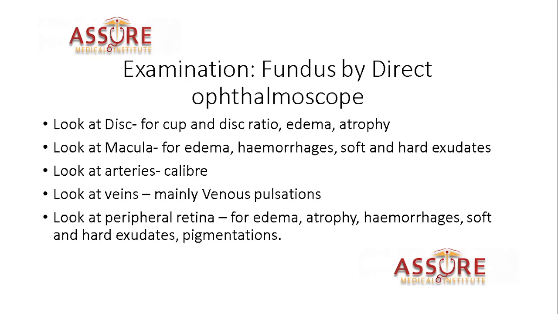Look at the macula for edema, hemorrhages, soft and hard exudates. Look at the arteries for caliber, and veins mainly for venous pulsations. We look at the peripheral retina for edema, atrophy, hemorrhages, soft and hard exudates, and any pigmentation. This will complete the fundus examination.